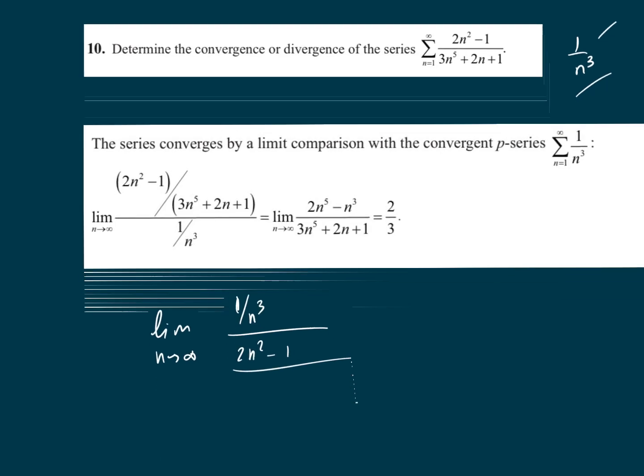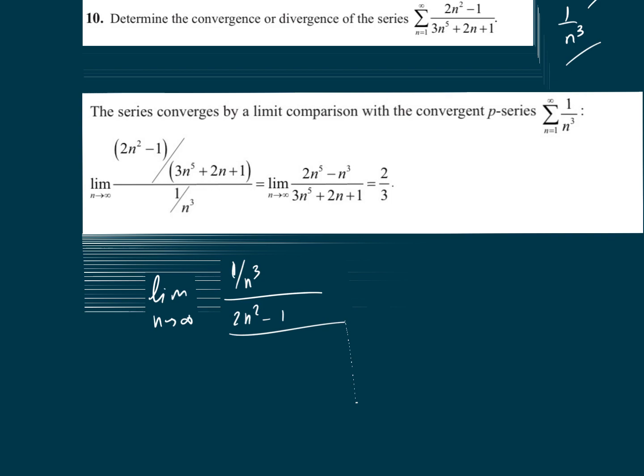So I'm dividing a sub n divided by b sub n. a sub n is this one, and b sub n I take like this one, and I'm going to see the limit when n goes to infinity, if it's going to a fixed, limit number, of (2n squared) divided by (3n^5 plus 2n plus 1).